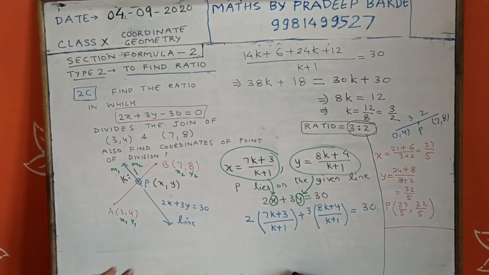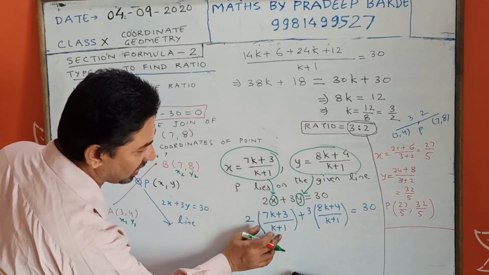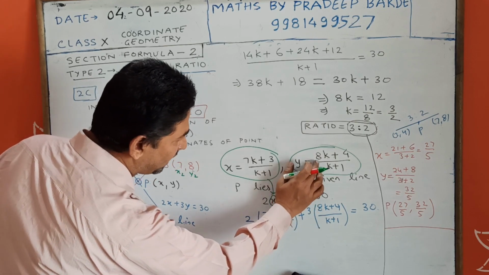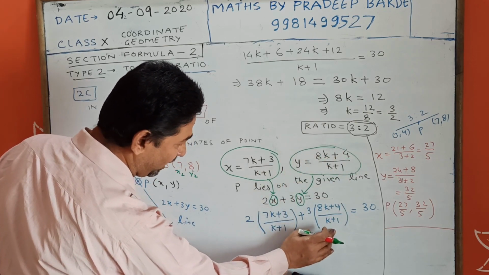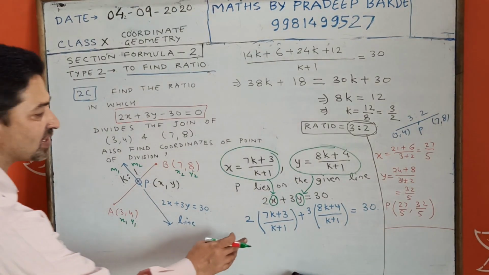Okay, so here we get 2 into (7k plus 3) upon (k plus 1) plus 3 into (8k plus 4) upon (k plus 1) equal to 30. Now we'll solve this equation.